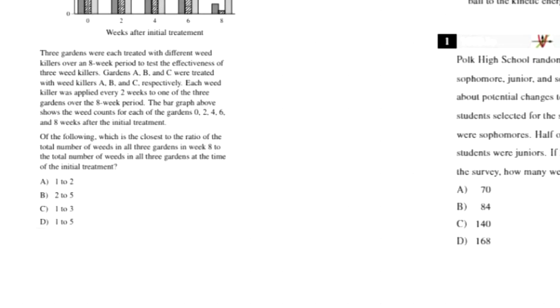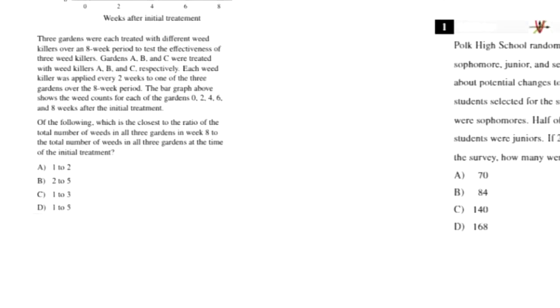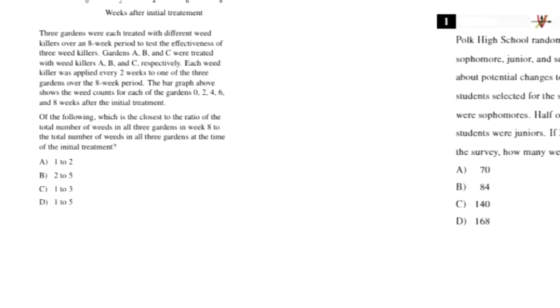The bar graph above shows the weed counts for each of the gardens at 0, 2, 4, 6, and 8 weeks after the initial treatment. Now, of the following, which is the closest ratio of the total number of weeds in all three gardens in week 8 to the total number of weeds in all three gardens at the time of initial treatment?